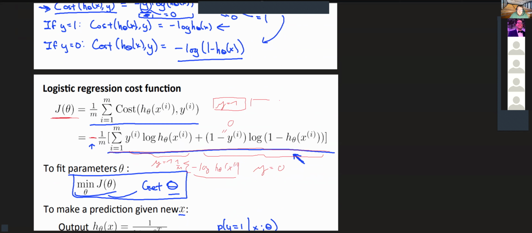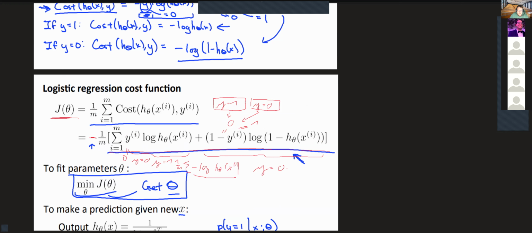If y is 0, then this is 1, and this other term is 0, because y is 0. So then this gets deleted and we take this part.